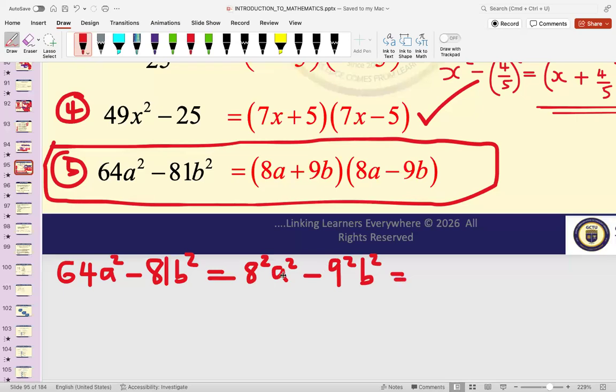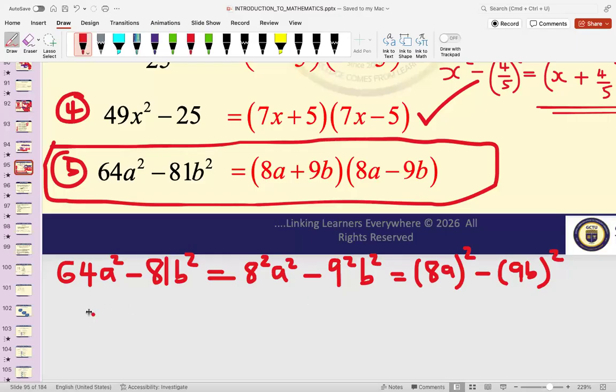We have also agreed that anytime you have two numbers or alphabets having square, put all of them together and bring their square outside. So this is the same as 8a, and then their square sits outside. Minus, we do the same here, 9b, and their square sits outside.